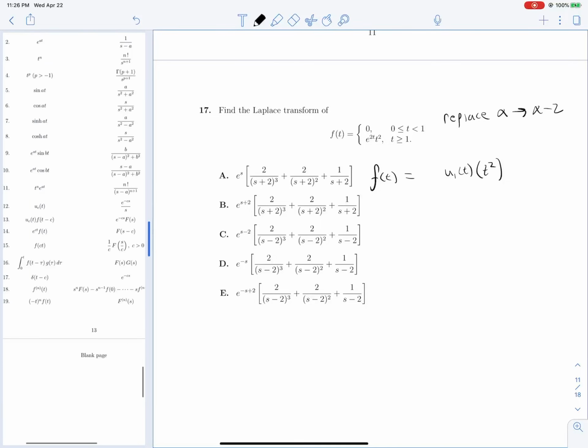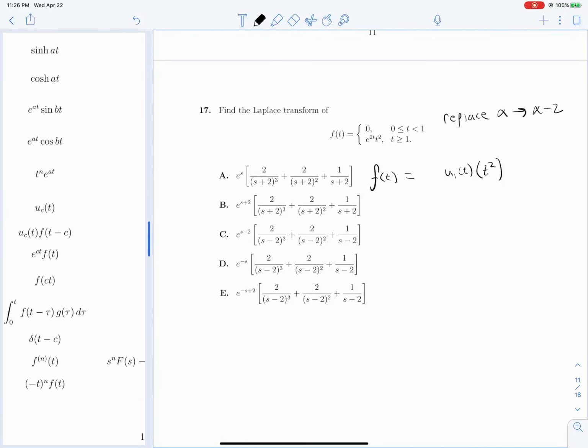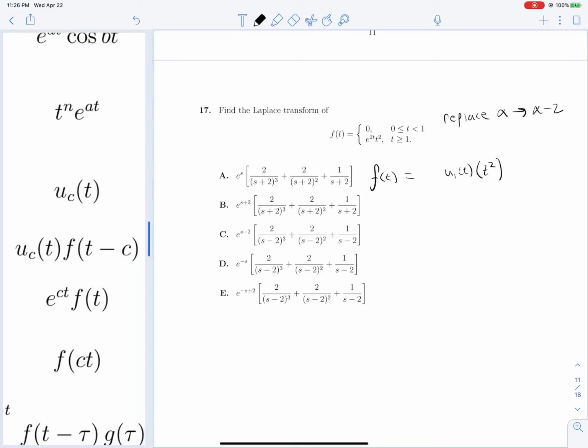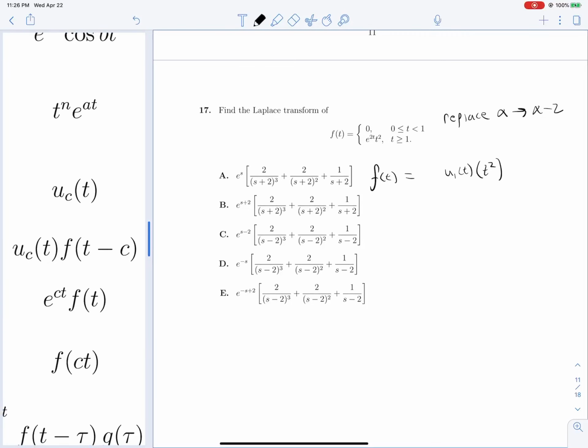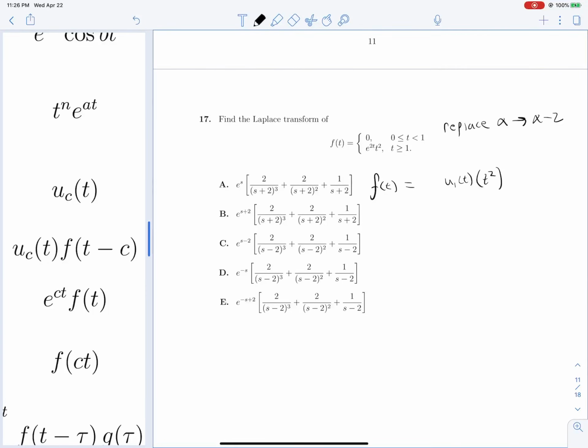Now we're left with uc of t, but our function multiplied by uc of t is not in the form that we would like it to be in. So we can do a little messing around with it, and we should get what we want.